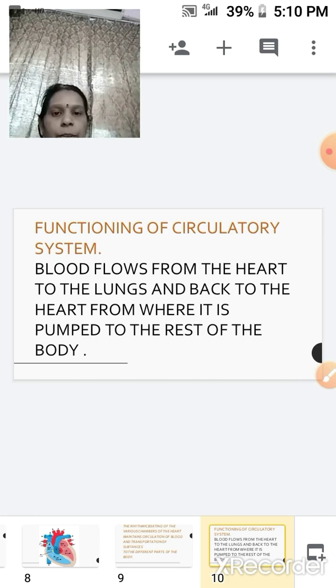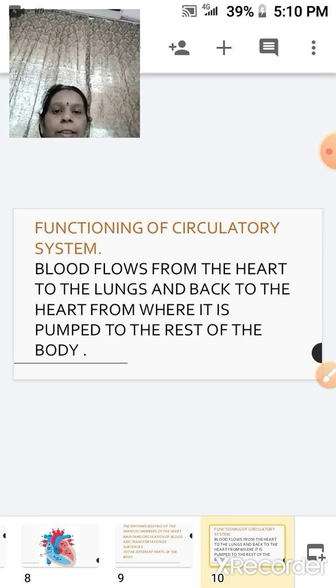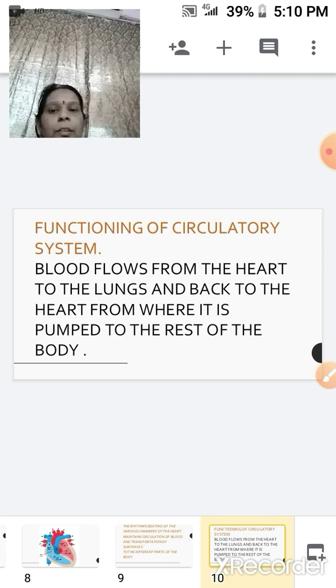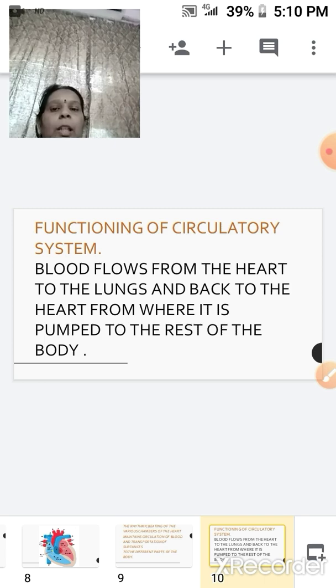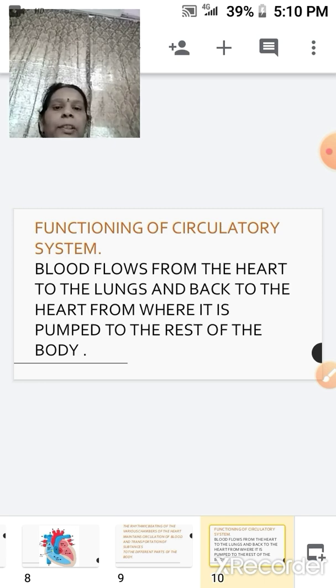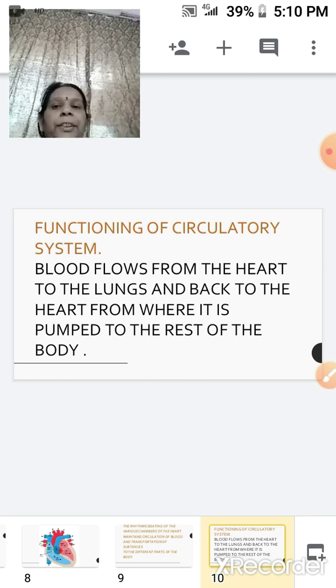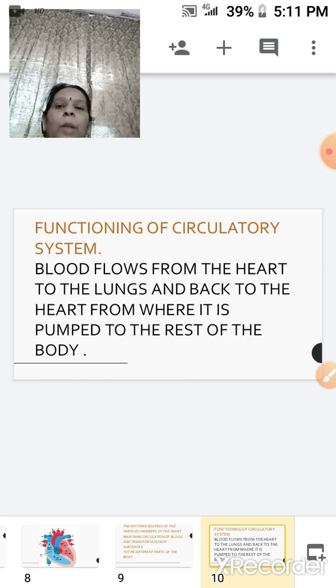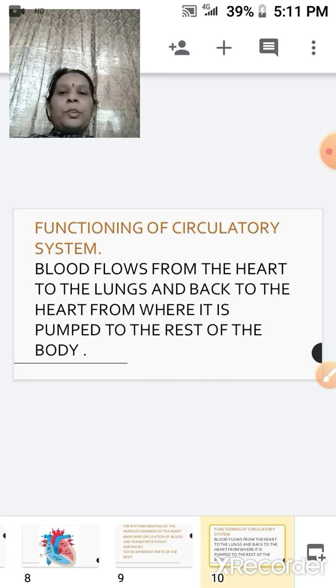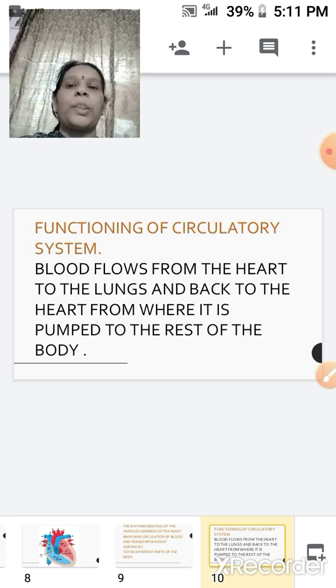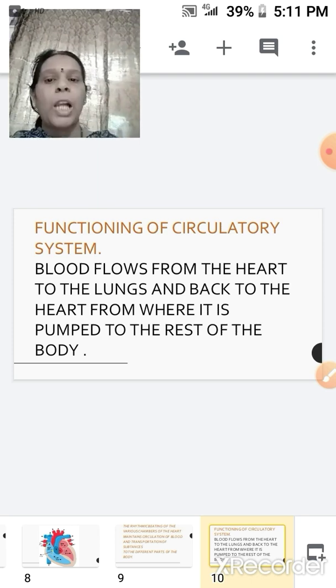Blood flows from the heart to the lungs and back to the heart, from where it is pumped to the rest of the body. As you have already studied, within the lungs the deoxygenated blood gets converted into oxygenated blood, so it goes to the lungs for this. Otherwise, the pumping takes place within the heart.